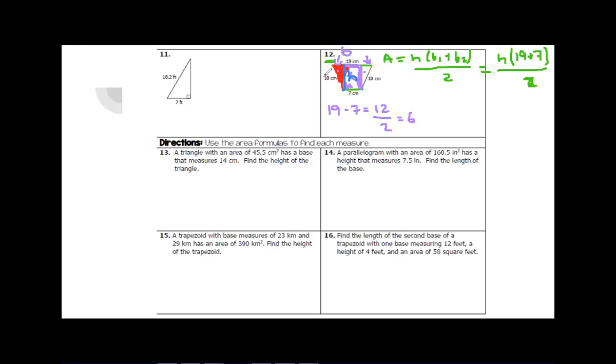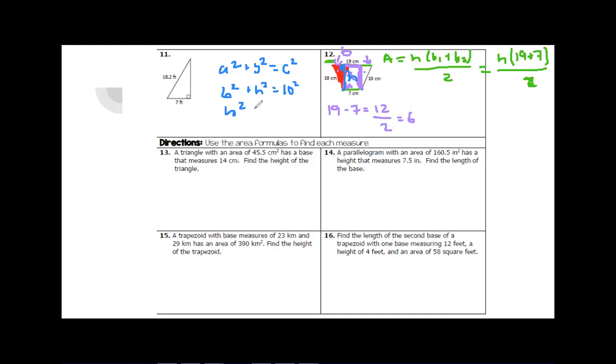So now that we know this is 6, I can set up the Pythagorean theorem. A squared plus b squared equals c squared. My 90-degree angle is right here. So we know that c is going to be 10. And we can choose a to be 6. So I have 6 squared plus the height squared, and that's equal to 10 squared.